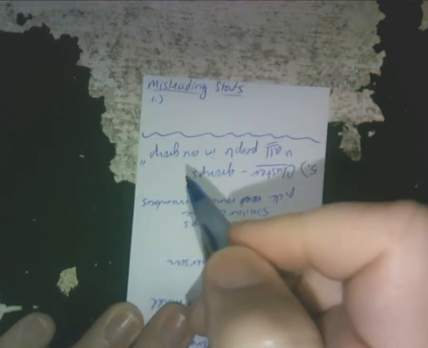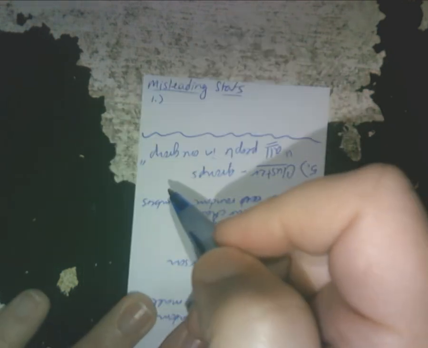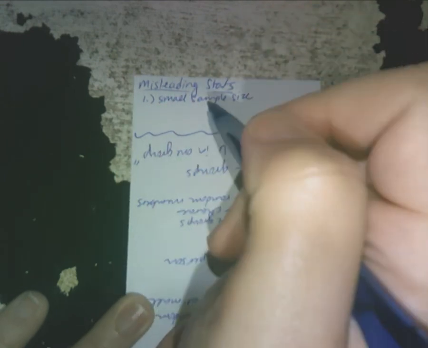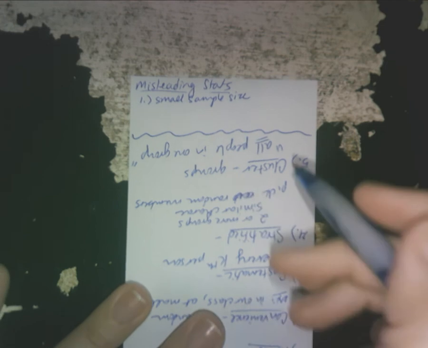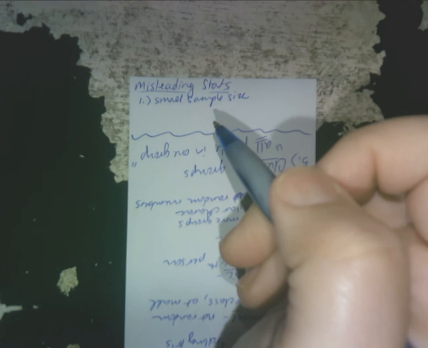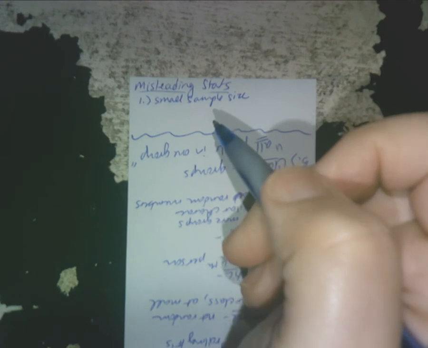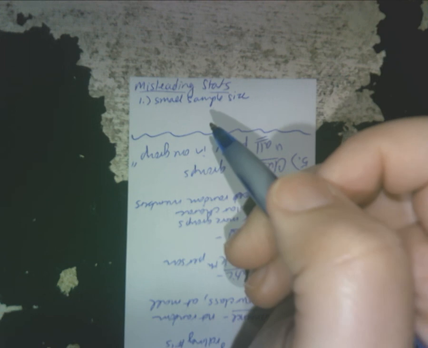Misleading statistics. The main thing you're looking for when statistics are misleading is a small sample size. I forgot to tell you, but it's interesting. A small sample size is another thing. If they have anything like, oh, we randomly selected 5 people, just because you randomly selected 5 is not a good sample size.